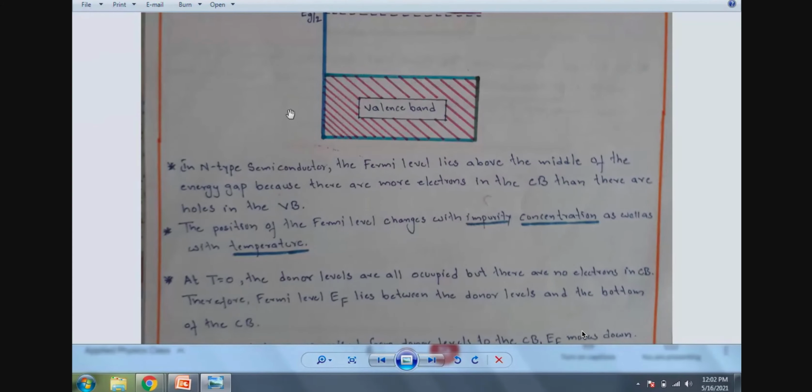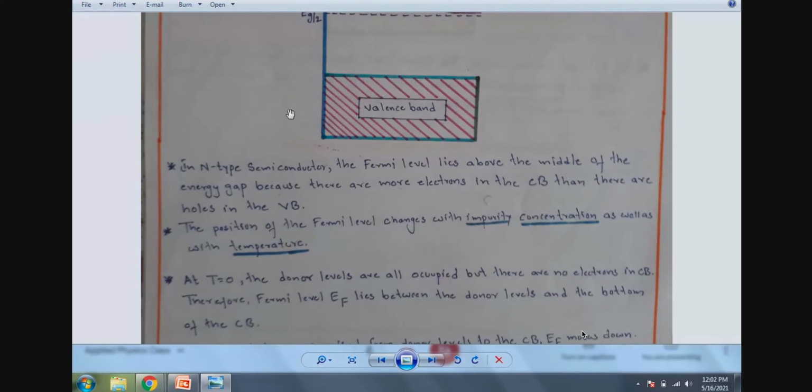Now, putting this equation 4 in equation 1, just like in N-type semiconductor, you substitute the value of EF in equation 1, right? So you got equation 5 here.